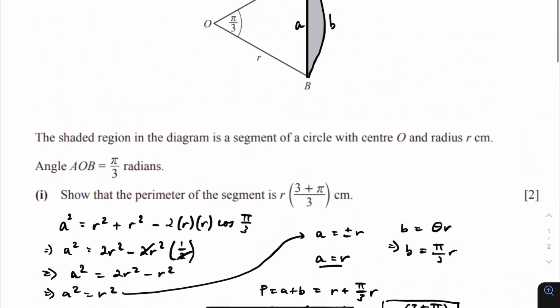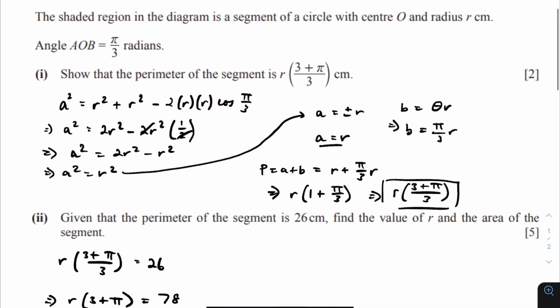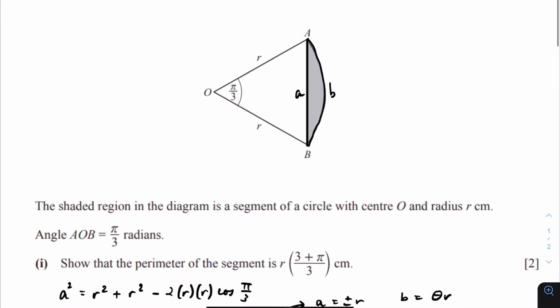Now, what the question wants us to do is find the area of this segment. There's not a specific way of finding this area, but there is a way of finding the area of this whole triangle and the whole sector. So if we do the entire sector minus the area of just the triangle, we'll get the remaining part, which is the shaded part over here.